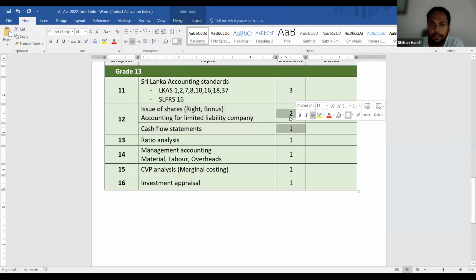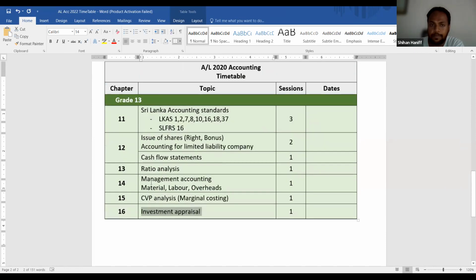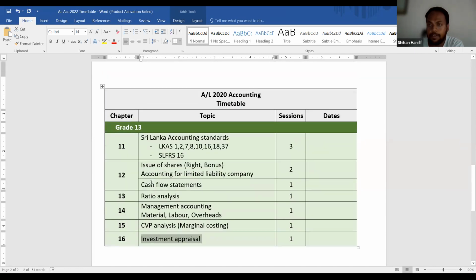There is a main question from this. Then ratio analysis, management accounting, marginal costing, cost-volume-profit analysis, and finally, investment appraisal. So this is your syllabus, right?